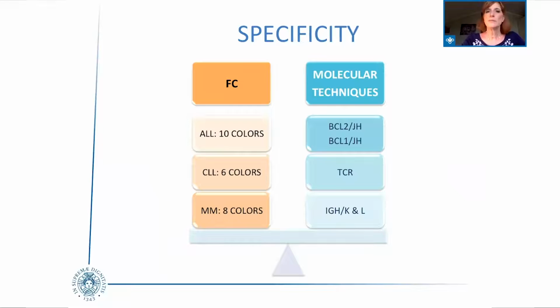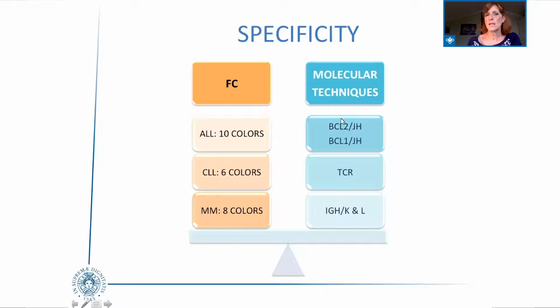About specificity, in my opinion, we have not really differences between flow cytometry and molecular techniques. If you count different millions of events and you combine different colors, by flow cytometry, you can reach a very, very high specificity.